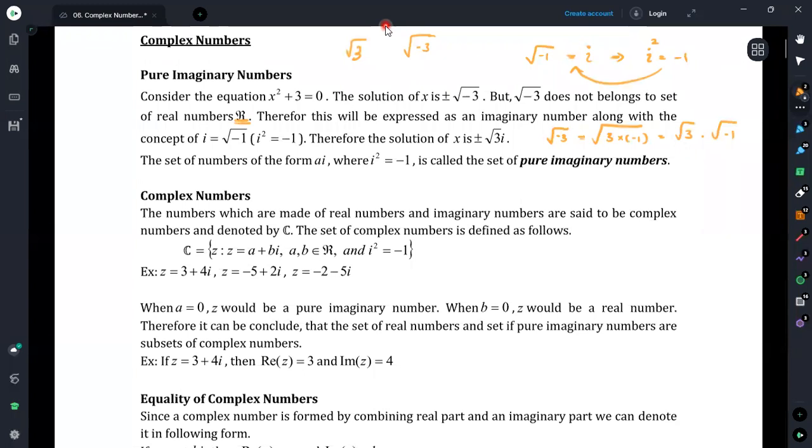Since the square root of minus 1 is defined as i, we can get the square root of minus 3 as square root of 3 times i.